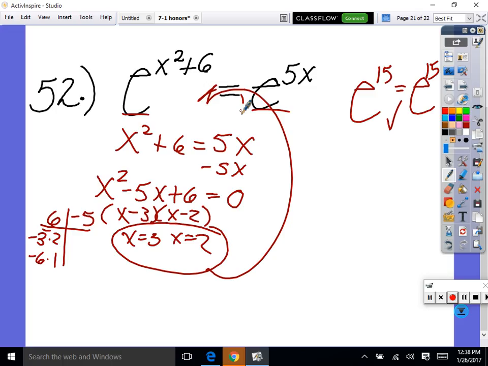Which part? So there's 2 answers? Yeah. Wait, so how do you check it? How do we check any solution? We take it and plug it into the original problem. So 3 squared is 9 plus 6 is 15. 5 times 3 is 15. Is that a true statement? Yeah. So we keep the solution, yes?